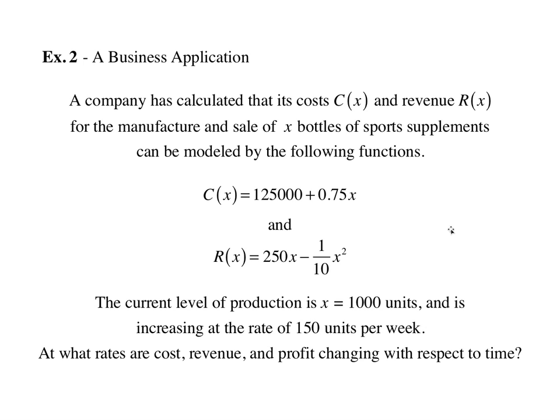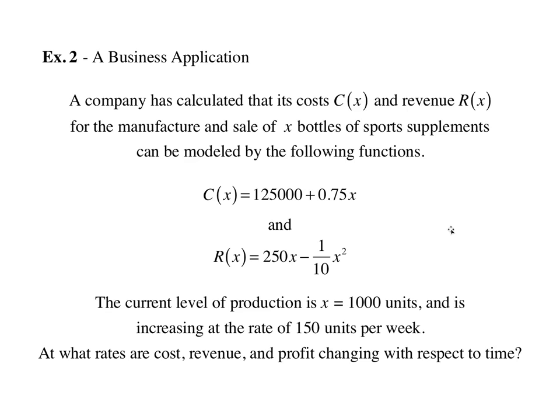Okay, now our last example here is a business application, and I think this might be straight from the text. We have a company that has calculated their costs and their revenue for the manufacture and sale of sports supplements with these two functions.